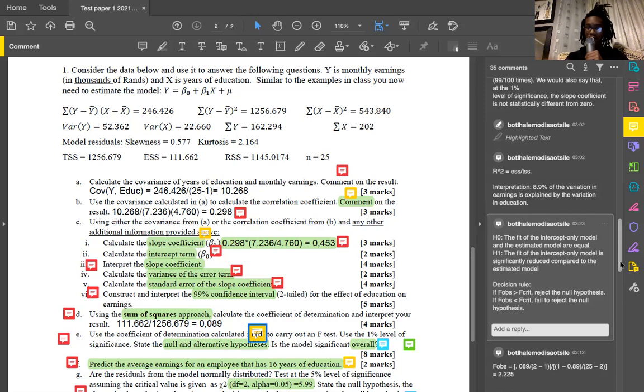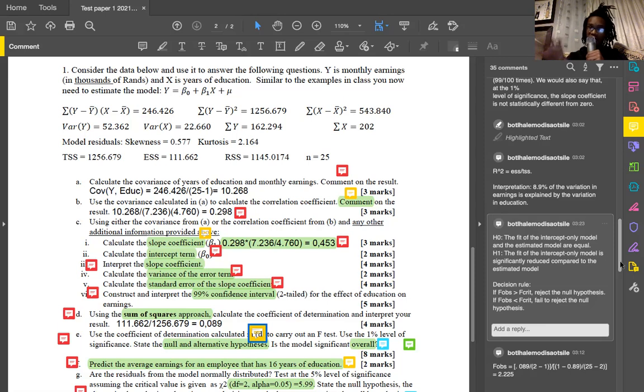And then the alternative hypothesis states that the fit of the intercept only model is significantly reduced compared to the estimated model. Then the decision rule states that if F-obs is bigger than F-crit, you reject the null hypothesis. And if F-obs is smaller than F-critical, you fail to reject the null hypothesis.